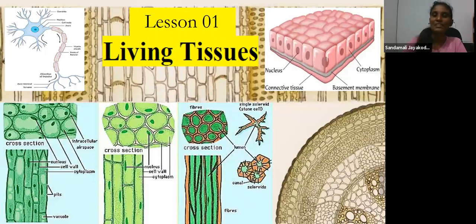In the case of microorganisms, there is only one cell. They don't have tissues. So we are talking about plants and animals and their tissues in this lesson. Here you can see there are many images containing plant tissues and different animal tissues.